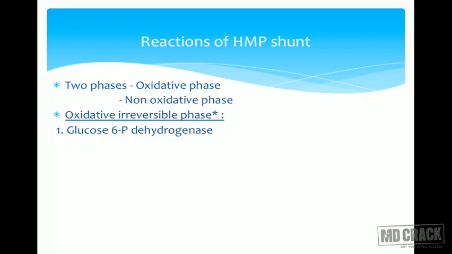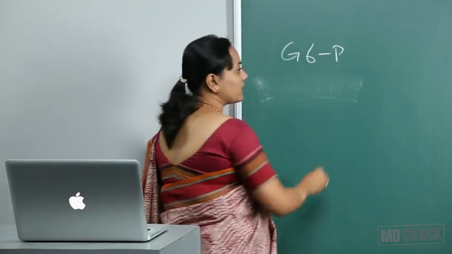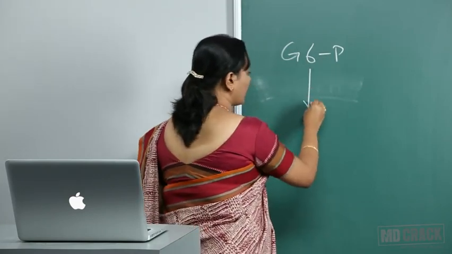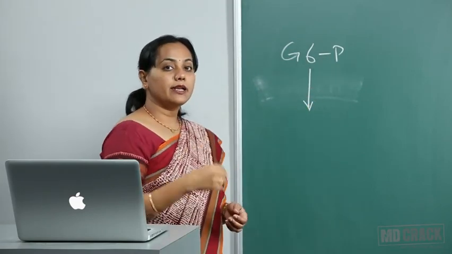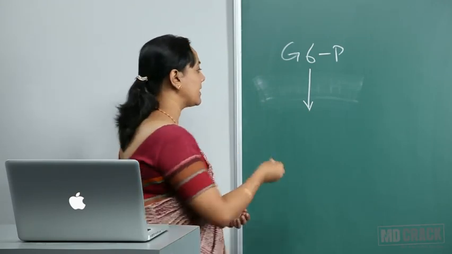Now in this, please remember that glucose has to be already formed into glucose 6-phosphate, by glucokinase or hexokinase. Now comes the role of glucose 6-phosphate. This is one reaction which I am going to illustrate. Glucose 6-phosphate undergoes dehydrogenation by the glucose 6-phosphate dehydrogenase enzyme.